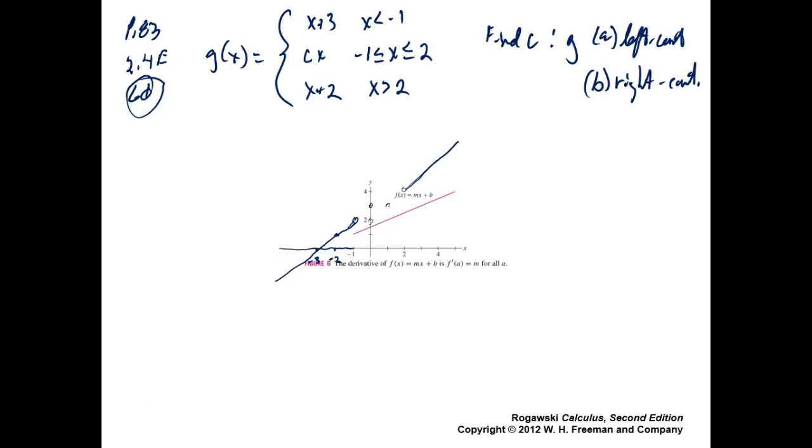Now, in between here, we want this to be a left continuous function. That's what the A part is calling for, a left continuous function, which means approaching from the left as x is approaching, say, -1 or even, hopefully, to +2, this is going to be continuous.